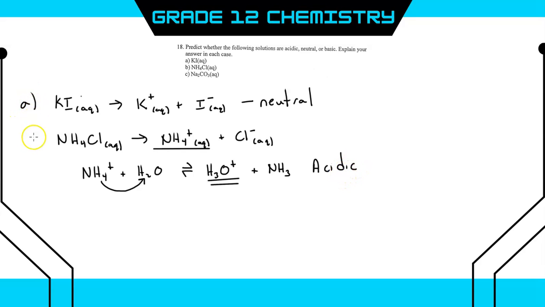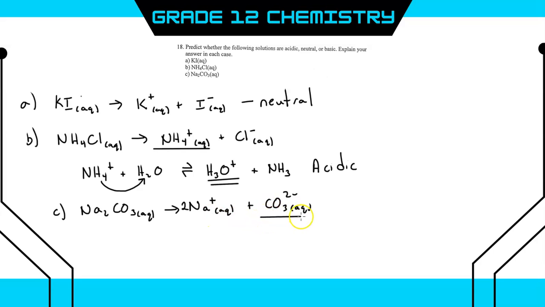So let's do one more. I'm going to go and do C now. So we have sodium carbonate. Let's first dissociate that into our sodium ions and carbonate.